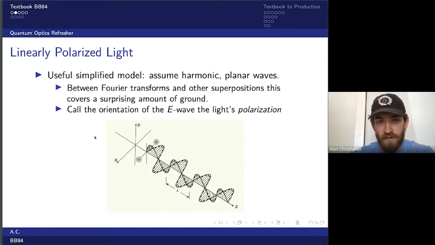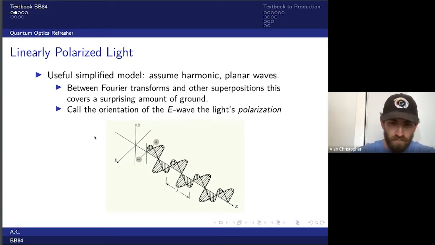What I am going to do is direct us to a very useful simplified model of light, which turns out to be quite useful. This is sort of the infinite frictionless plane of optics: the harmonic planar wave. This can actually describe a lot of light because Fourier transforms are powerful and useful, and waves can be superimposed to create superpositions.